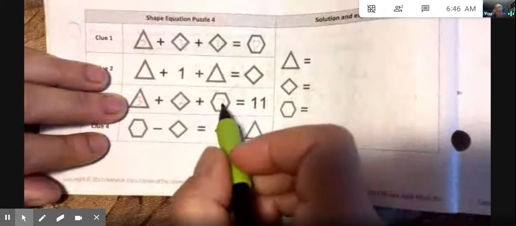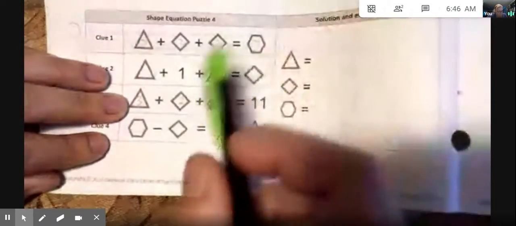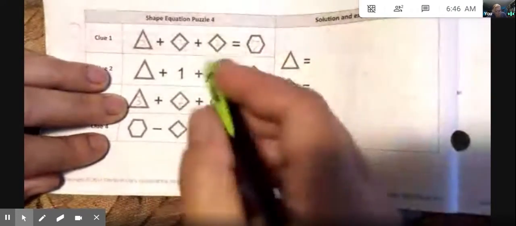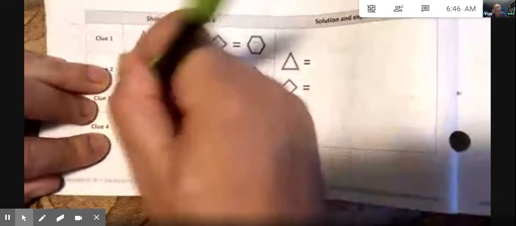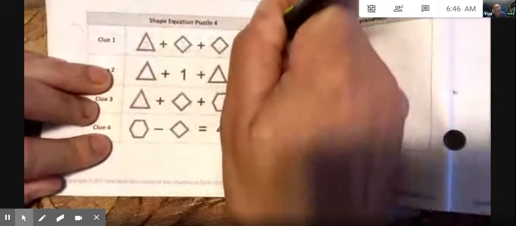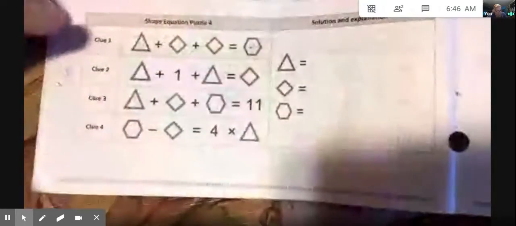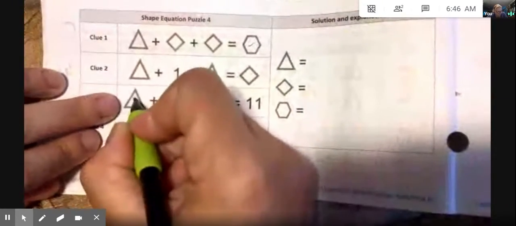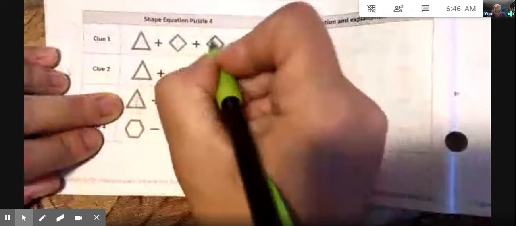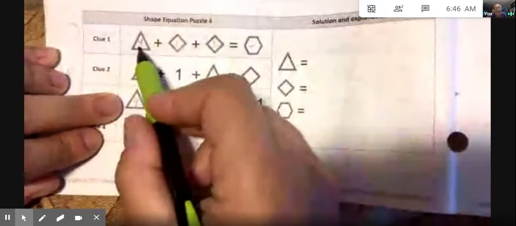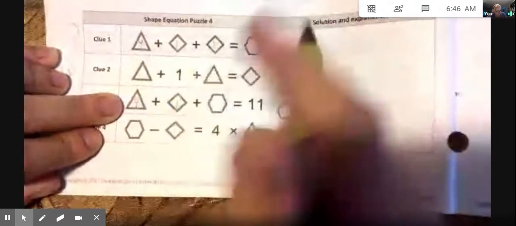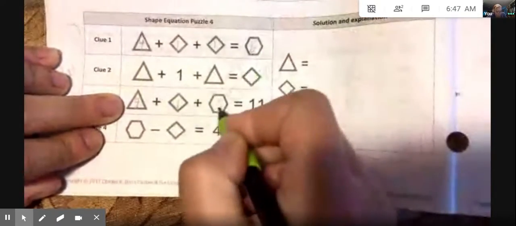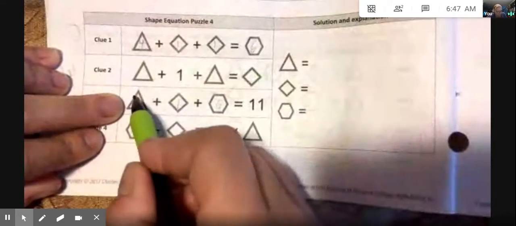We're 1 too high. So what if we change, go back to 1 here, maybe make that a 4. 1, 1, and 4. 4, 5, 6. 6, 7, 8, 9, 10, 11.